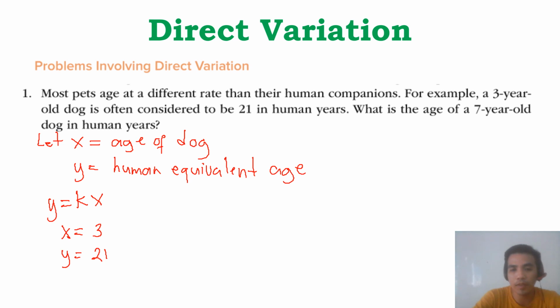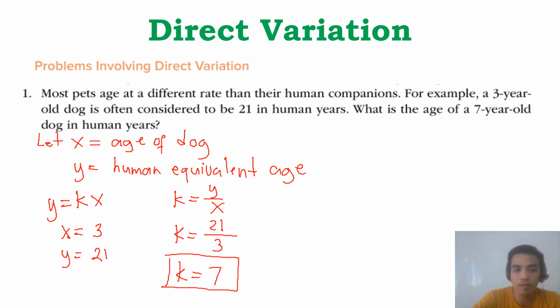So we can solve now for the k, or the constant of variation. So k is equal to y over x. Tama? So k, just substitute the values. We have y equals 21, and x of 3. So k is equal to 7. So we have the constant of variation of 7.